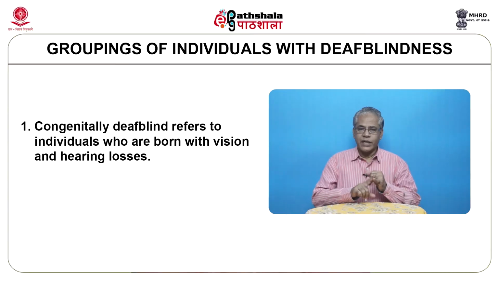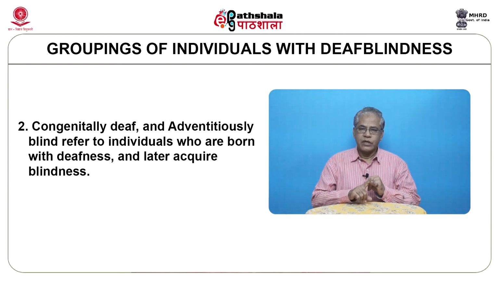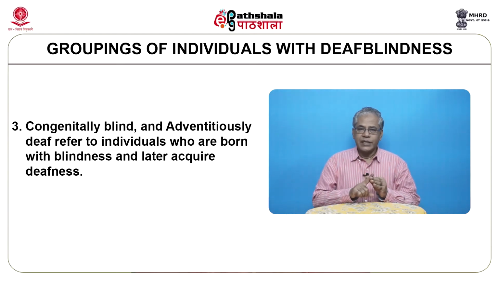Let me mention the 4 groupings of deaf blindness. 1. Congenitally deafblind refers to individuals who are born with vision and hearing loss. 2. Congenitally deaf and adventitiously blind refer to individuals who are born with deafness and later acquire blindness. 3.